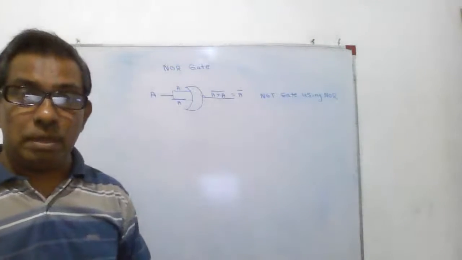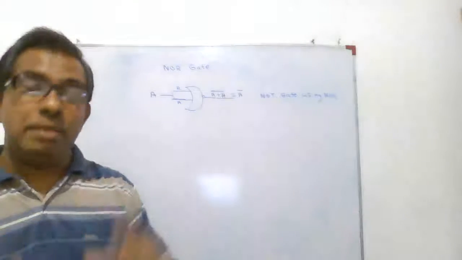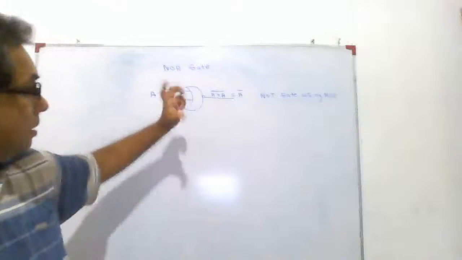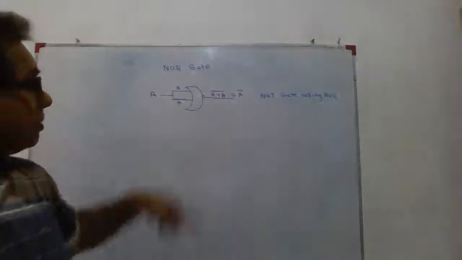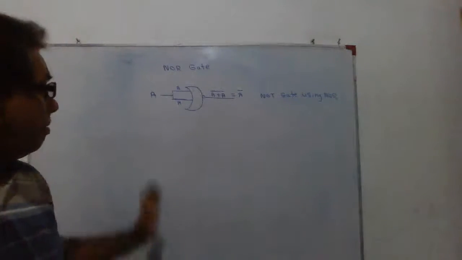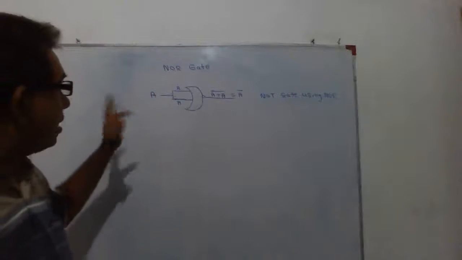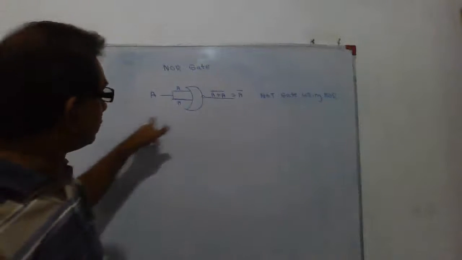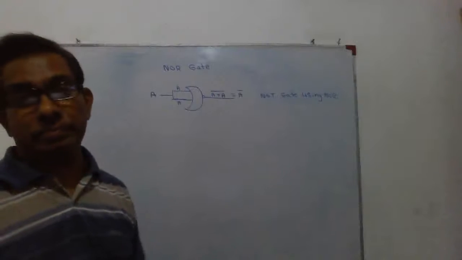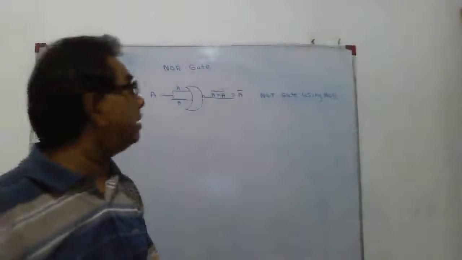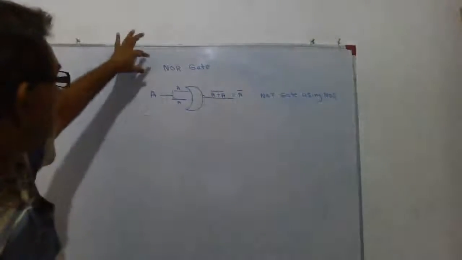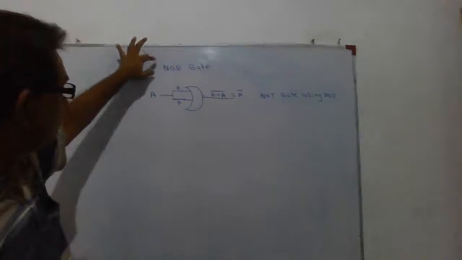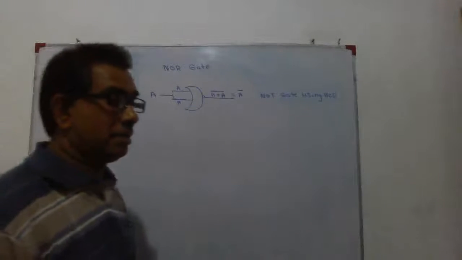You may identify all these things, and again see the video how I draw it and take the idea. This is actually a NOT gate, but the main idea is NOR gate.